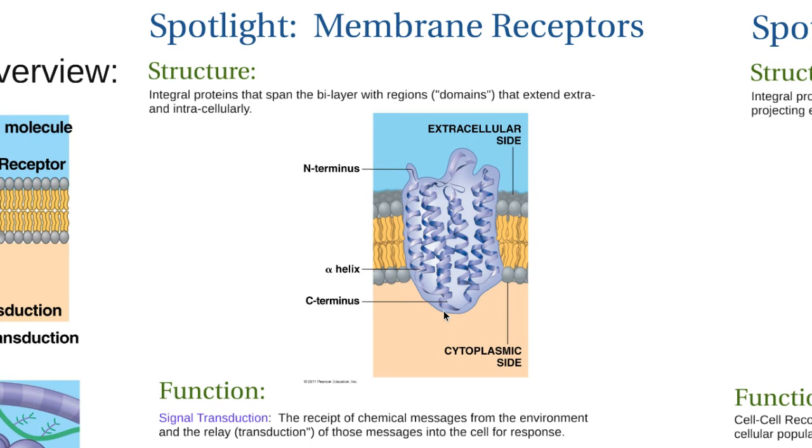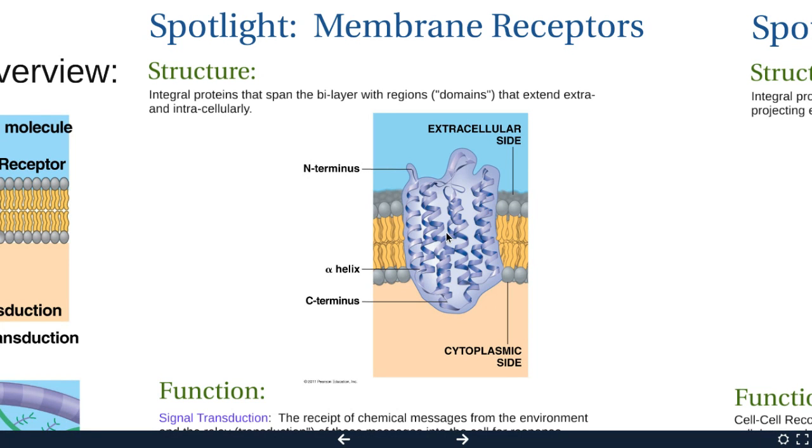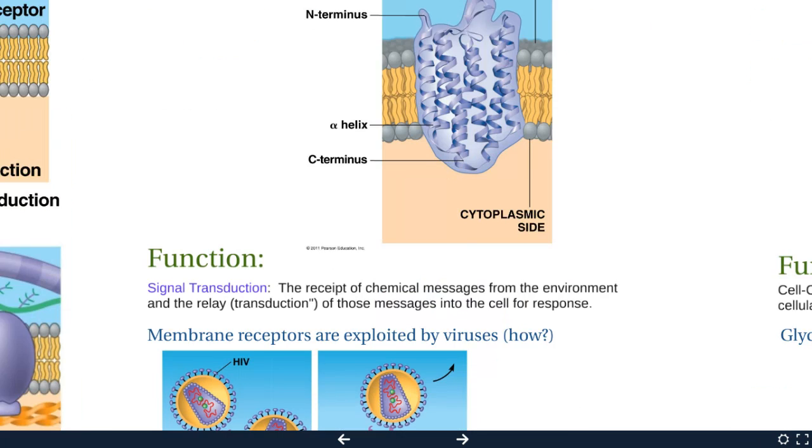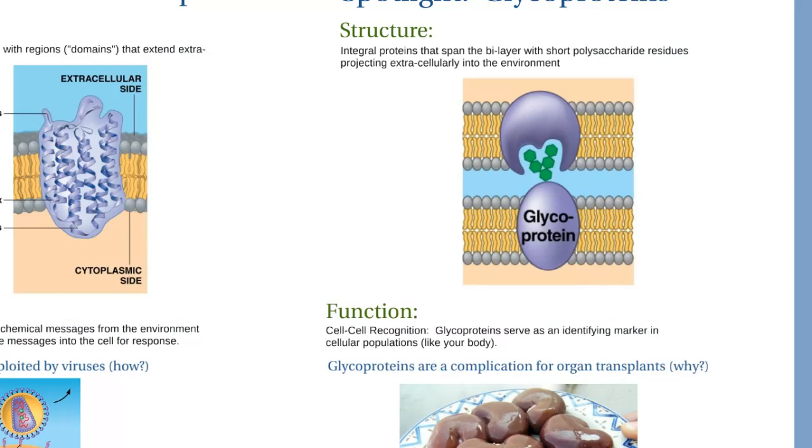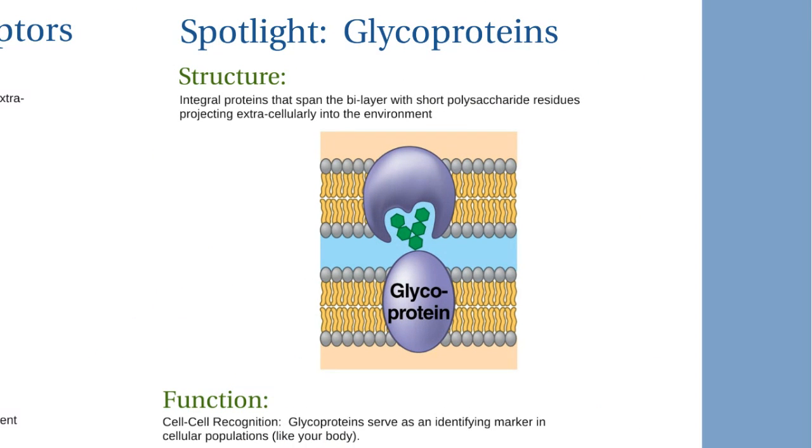You don't really need to know that in great detail. More so know that it's going to span the entire length. It does play a little bit of a role in signal transduction, being able to send and receive signals because of cellular recognition to the specific proteins.